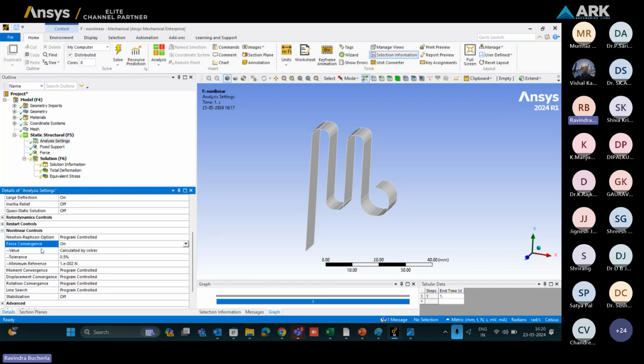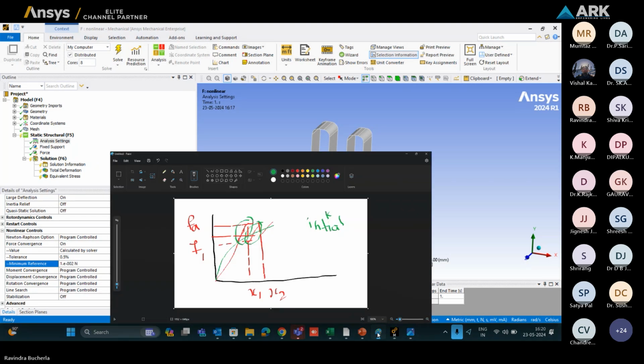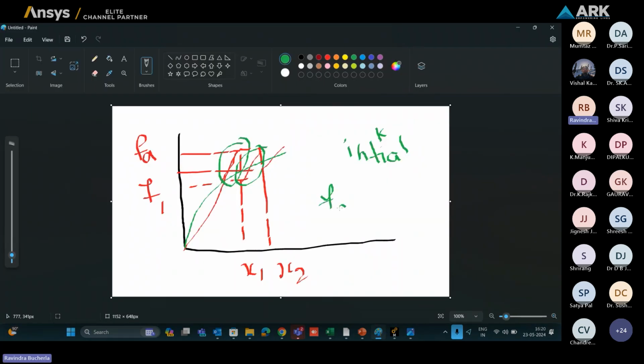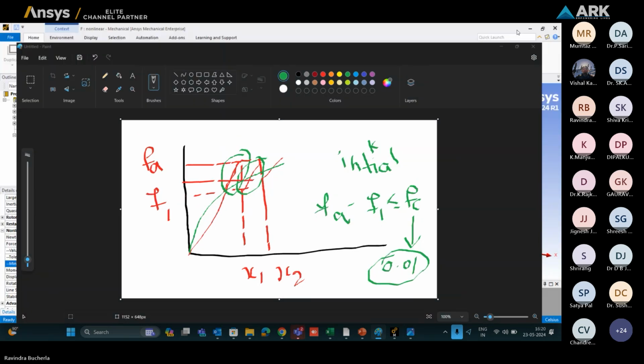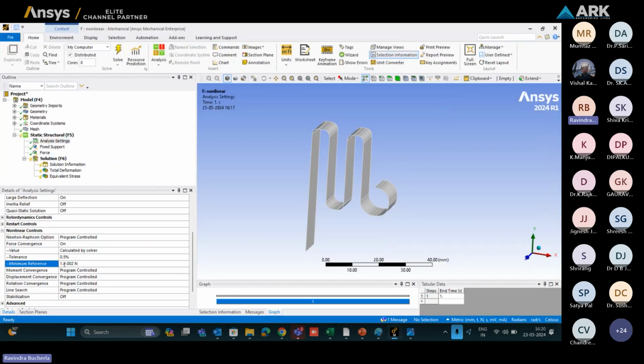Once you make it on, you can give the reference. So 0.01 is the value for FA minus force reaction less than or equal to the force criteria. If you want to give 0.01 manually, you can enter it here.